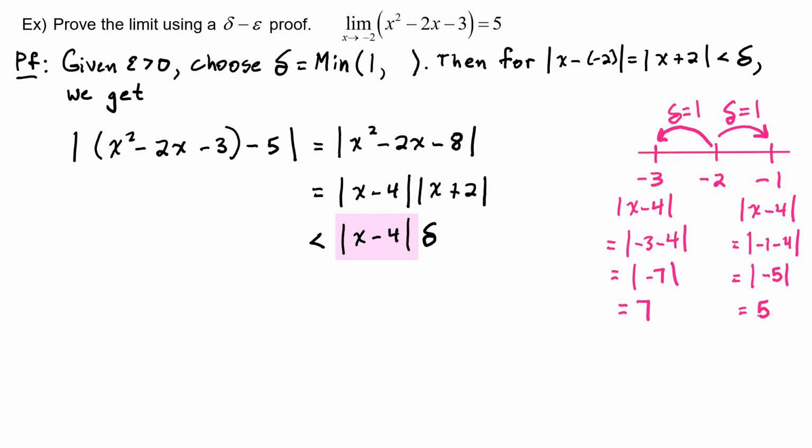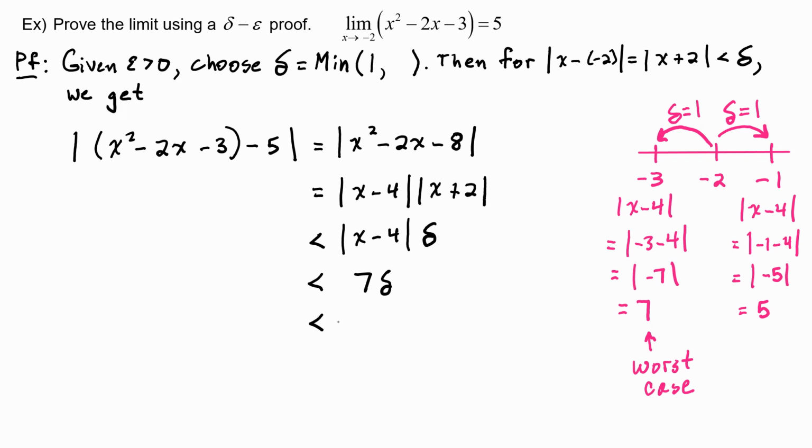Remember that in our worst case scenario analysis, the bigger number is always the worst case. So that means 7 is the worst case here. Taking our worst case scenario and substituting in, this expression becomes less than 7 delta.